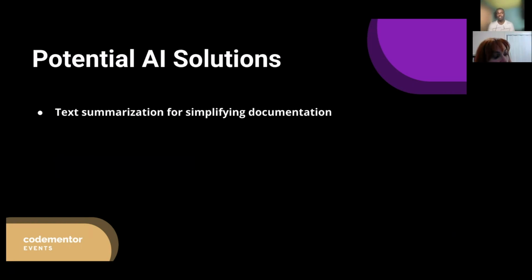First is text summarization for simplifying documentation. AI has different areas, from NLP, natural language processing, to vision and so many others. But in this case, NLP is what is needed for smart contract documentation.